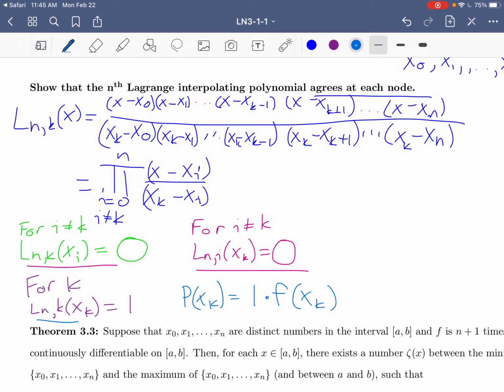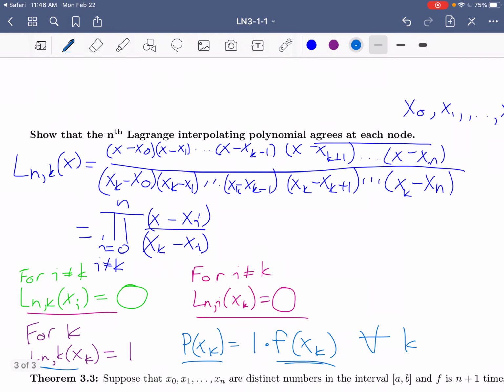So our L_{n,k} is multiplied by the function value at x sub k, and so those two values are going to agree for absolutely every single choice of k that we might make from 0 to n.